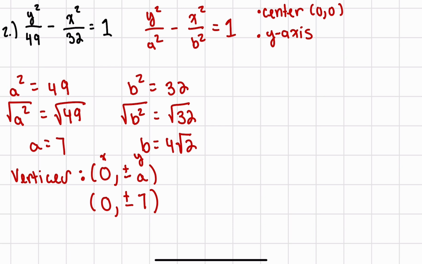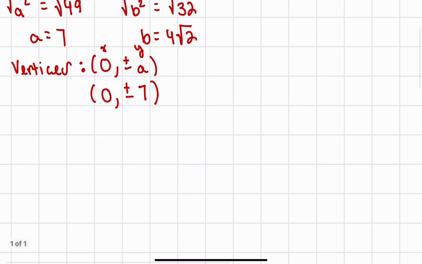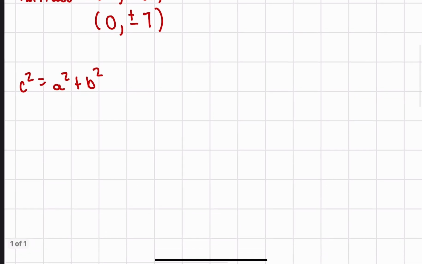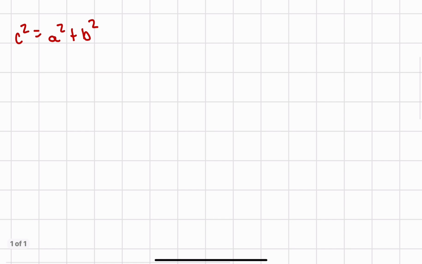Once we find our two vertex points, we will go ahead and look for our foci. In order to find the foci, which is the distance between the center and each focus, we can use the formula c squared is equal to a squared plus b squared, where c squared would need to be simplified to find c, and that will give us our two foci points.